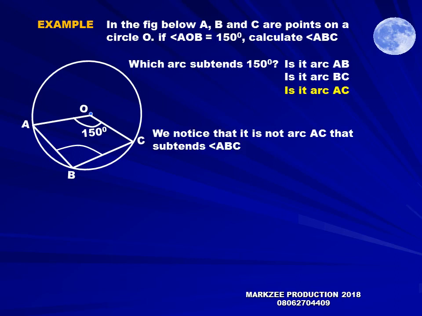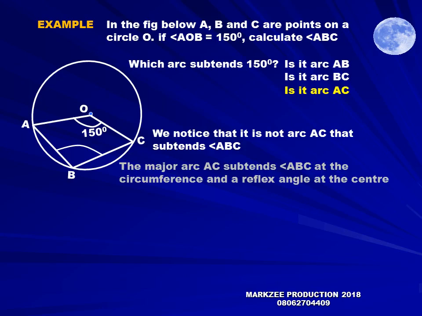We notice that it is not arc AC that sustains angle ABC. Okay. Now the major arc AC subtended angle ABC at the circumference. Can you see that? And a reflex angle at the center.